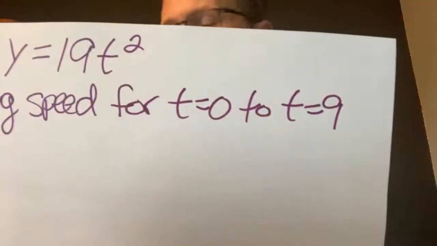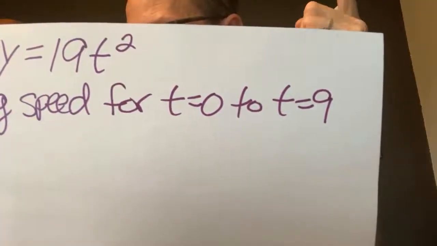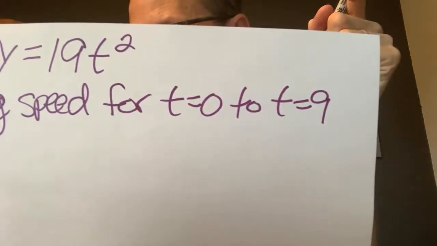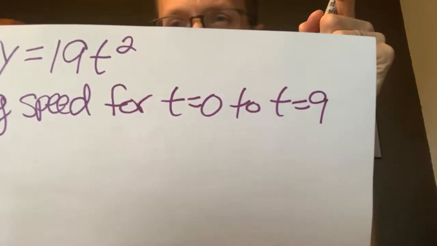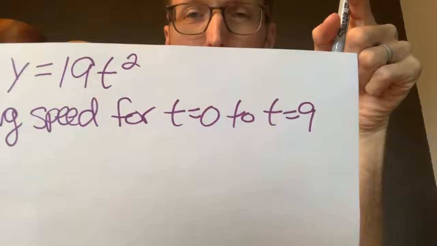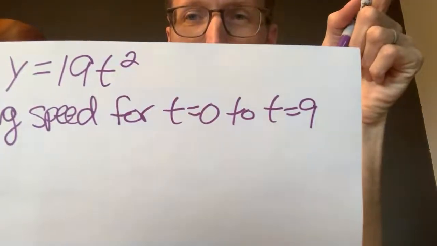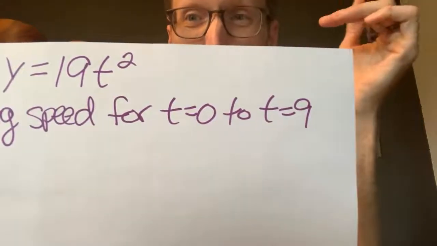So the question officially says during the first 9 seconds of the fall. Not the fall in Genesis, just the fall on planet X. So pretty low key. But I'm interpreting that as time equals 0 to time equals 9, because time equals 0 is like the beginning of time, which reminds me of the fall. So that is a fairly simple question, and I'll do that in just a moment.